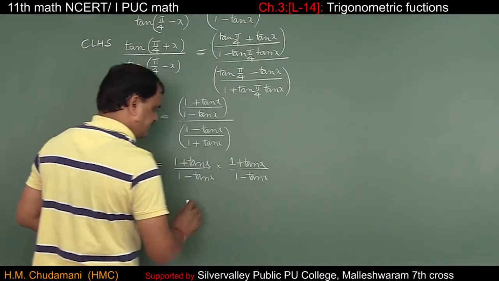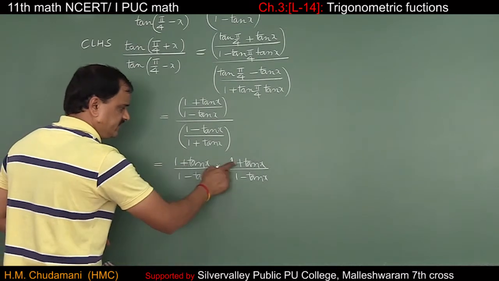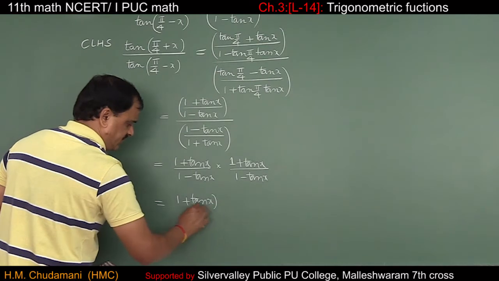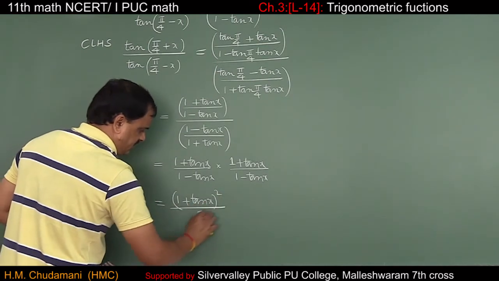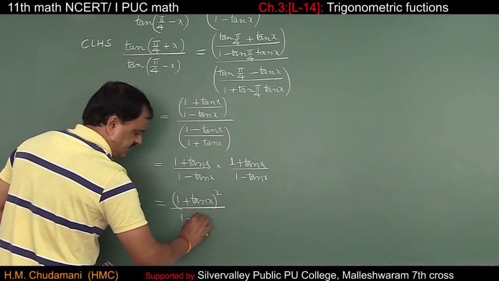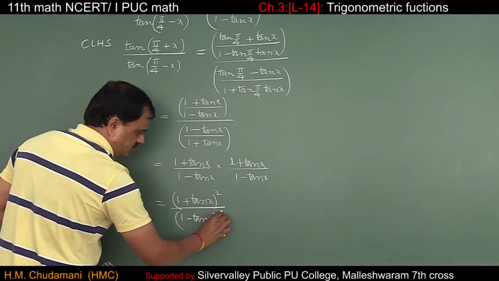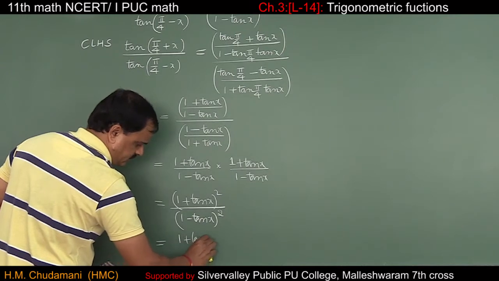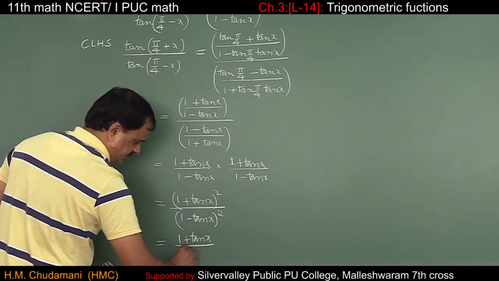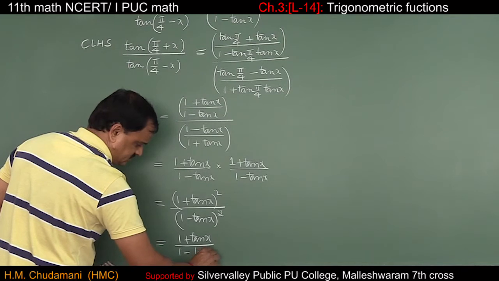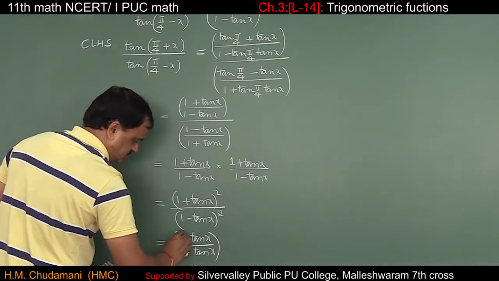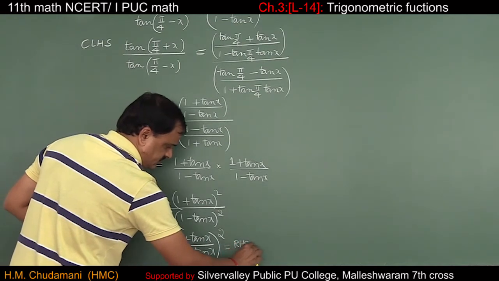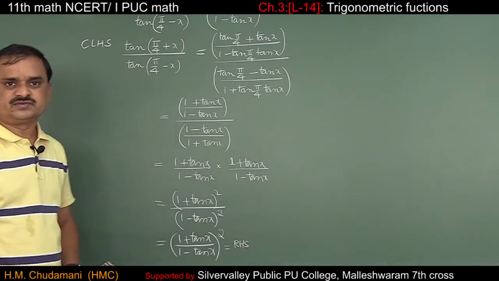So this is equal to 1 plus tan x the whole square divided by 1 minus tan x the whole square. This can be written as 1 plus tan x divided by 1 minus tan x the whole square. This is RHS, hence the result.